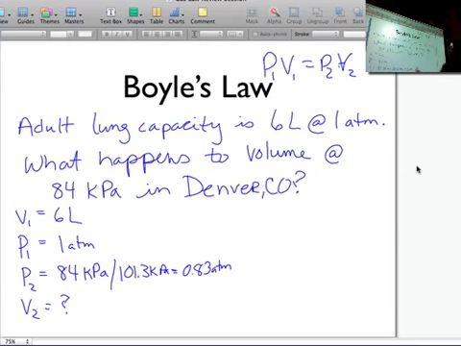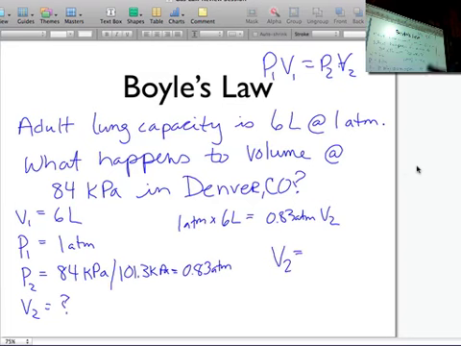Okay, so I did a little conversion for you guys. Alright, so math on this. P1V1, so we got 1 atmosphere times 6 liters equals 0.83 atmospheres times V2. Solving, 6 divided by 0.83. Is the volume going to go up or down?